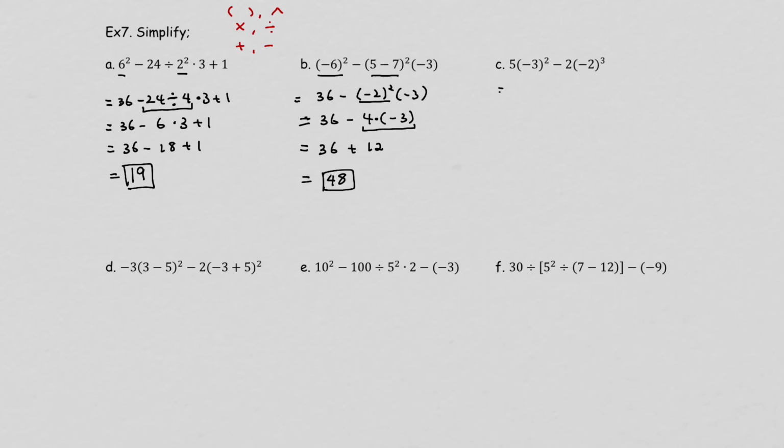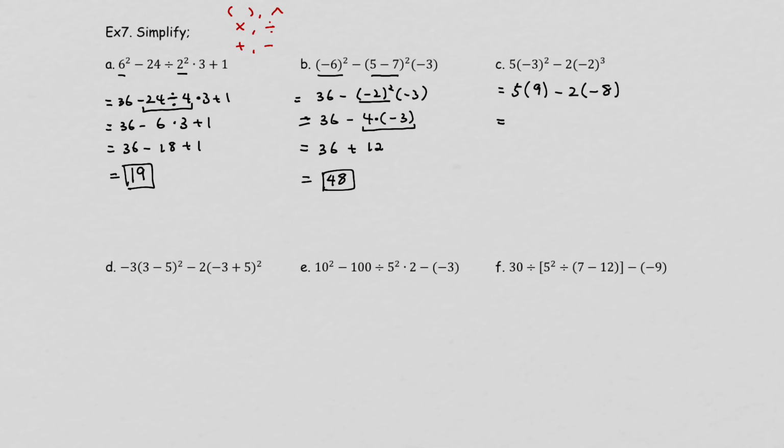This one, I do exponents. Negative 3 times negative 3, 9. And this is cubed. So I'm multiplying negative 2 times negative 2 times negative 2, which I will get negative 8. See, I'm combining all those rules we went over a few minutes ago, right?